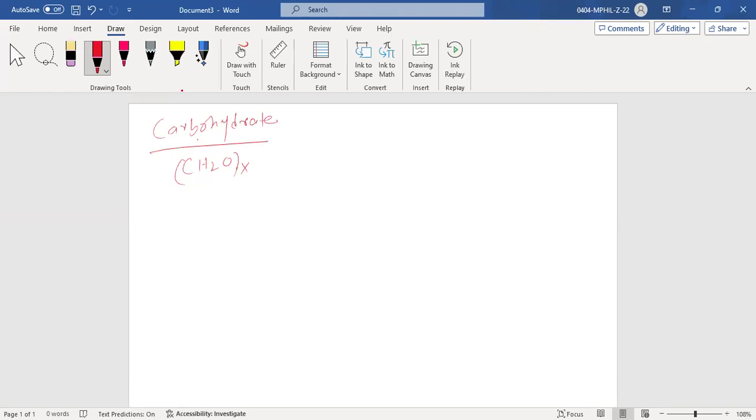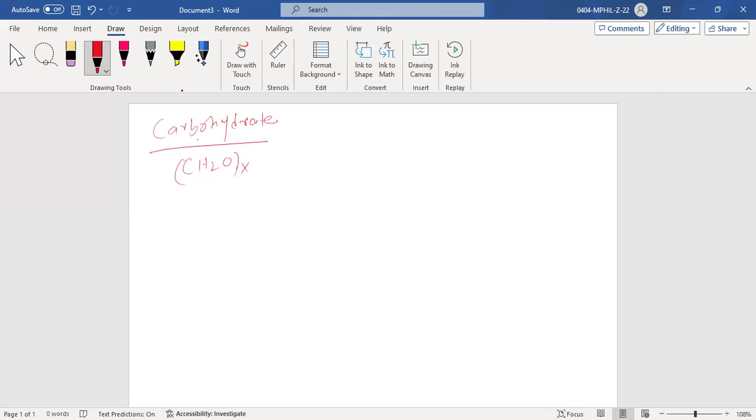Now we are going to study its subclasses, because we have divided carbohydrates based on the number of glucose, or the subunits, or the monomers in it. For example, there is monosaccharide. They may ask you to differentiate between monosaccharide, disaccharide or polysaccharide. So you should know about the differences.